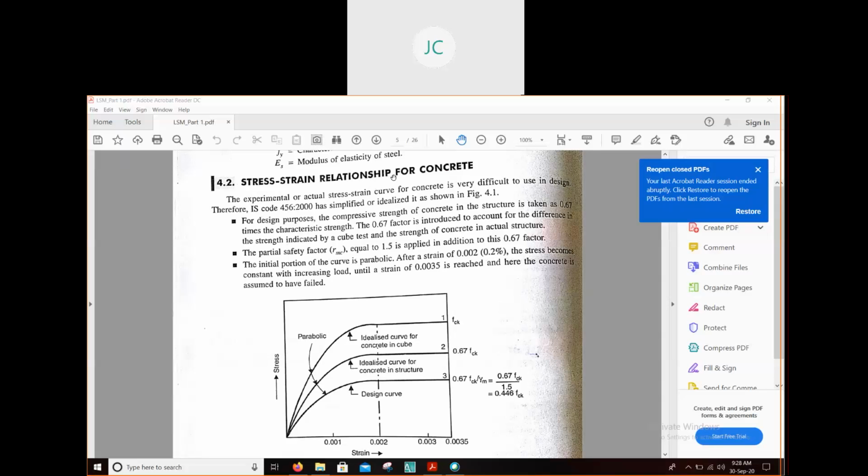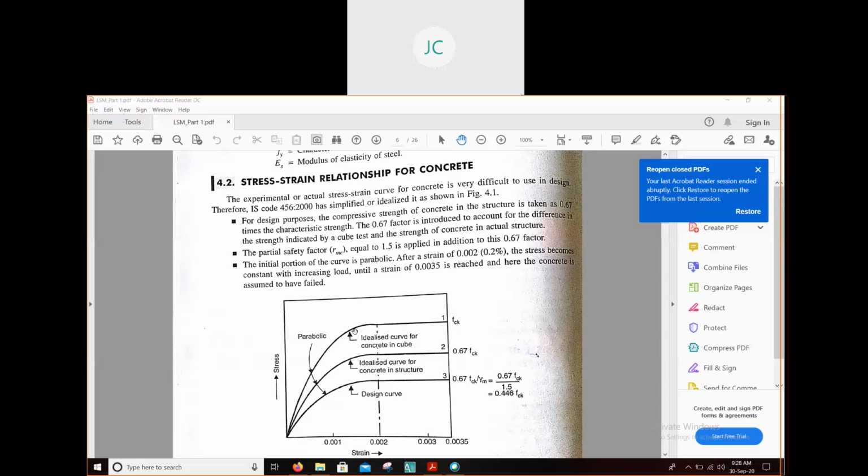Okay, so this is the graph which I explained in the last class, but this is the detailed explanation of the graph: the stress strain relationship for concrete. You can read it. For design purposes, the compressive strength of concrete in the structure is taken as 0.67 times the characteristic strength.